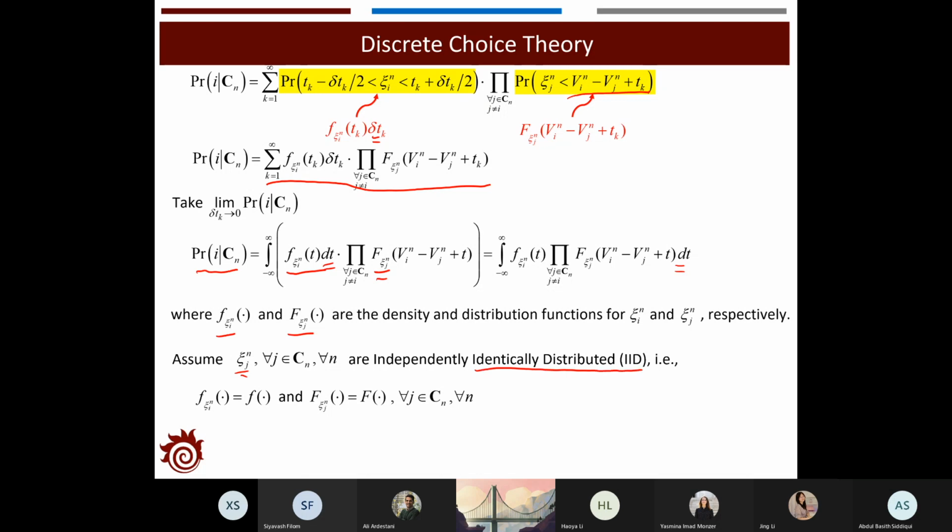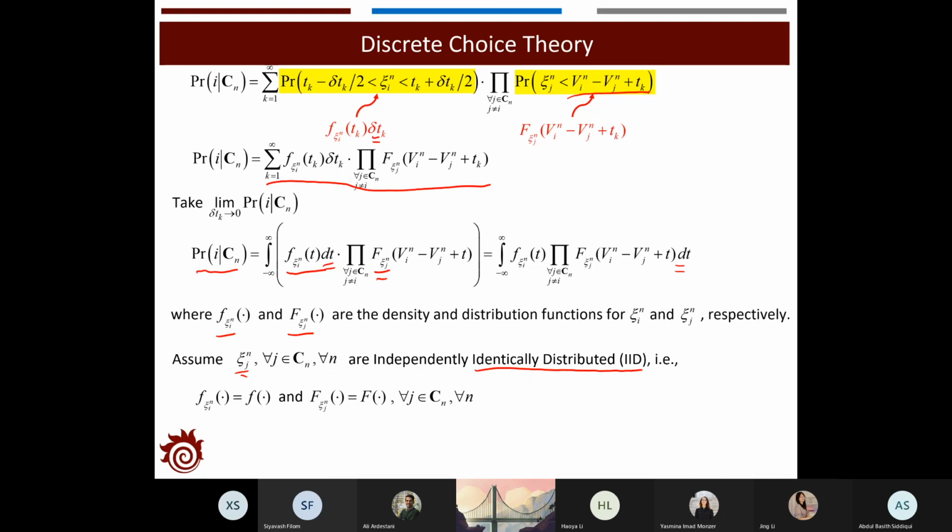This is the same as what we defined for the linear regression. In the linear regression, we assume that the random terms are independent of each other, and also follow the same distribution, which we assume is the normal distribution with the mean of 0. Similar things will be applied here. We assume that epsilon i and epsilon j are independent of each other, identical, and follow the same distribution.